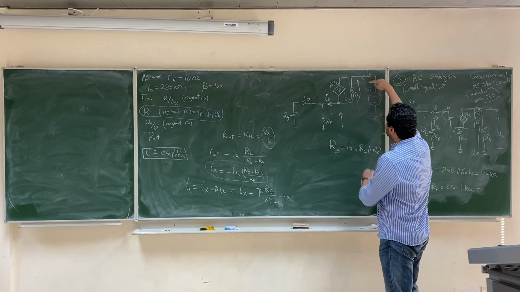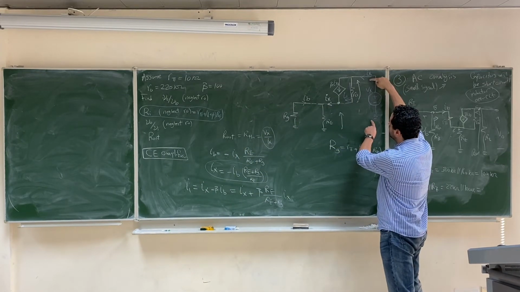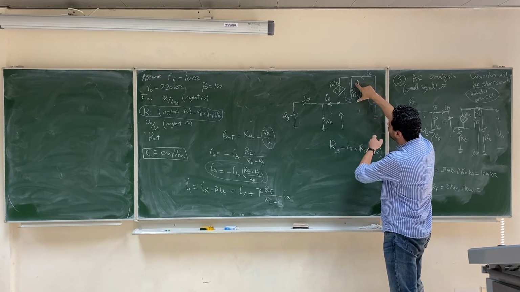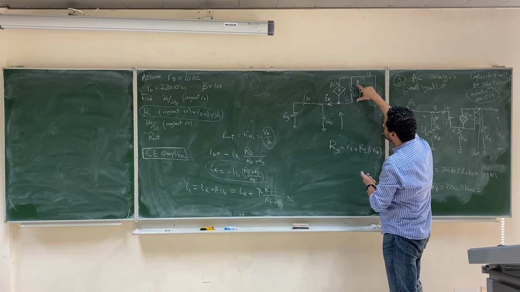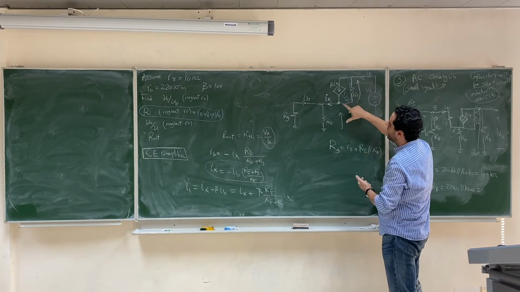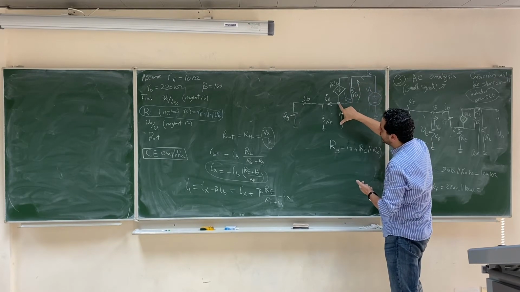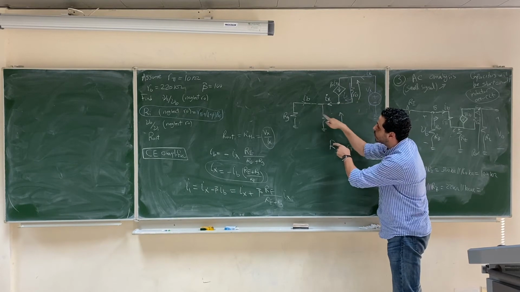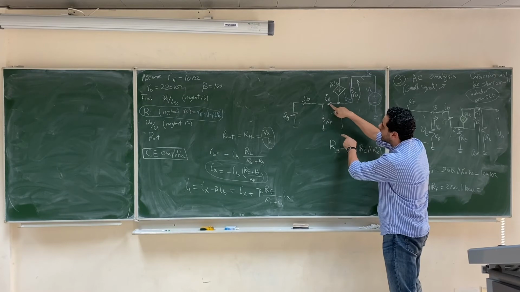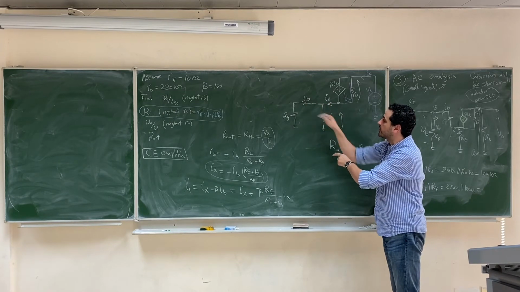So now we can say that the voltage Vx equals what? Equals the voltage drop here, which we can obtain in terms of Ix, multiplied by Ro, plus the voltage across these two resistors in parallel together, which is Ix multiplied by the parallel combination of these two resistors, right?